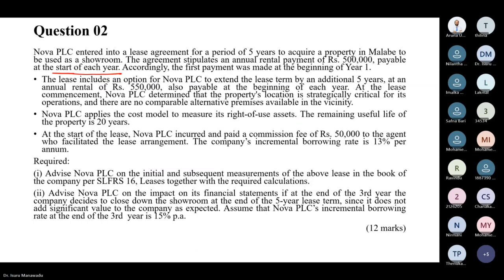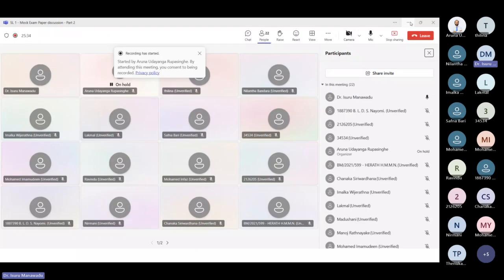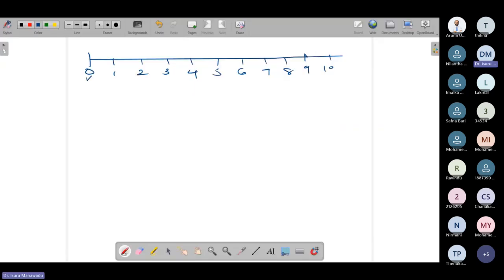Right. Okay. Now in this case, there are 10 years. Important thing in this case is the installments are paid at the beginning of the year. So when the first installment is paid, first installment is paid here, 500,000. I will write in a different color. 500,000 here, first one. Second one here. Third installment here.